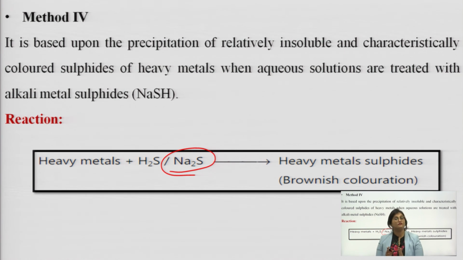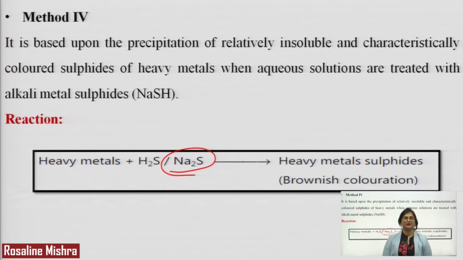If the color intensity formed is more than that of the standard, that means our sample fails the limit test of heavy metals. Whereas if the brown coloration formed is less than that of the standard, then it passes the limit test for heavy metals.